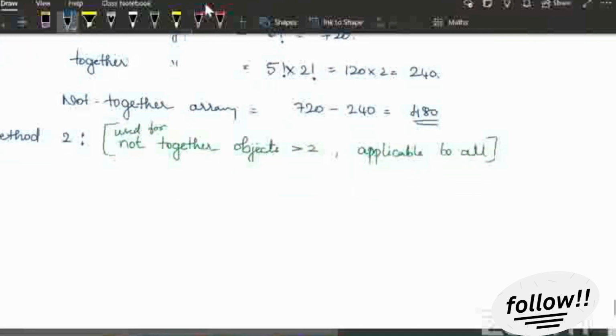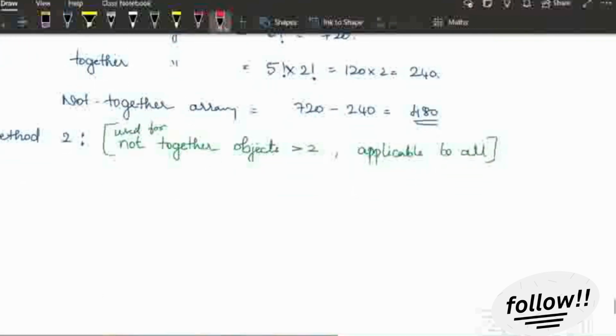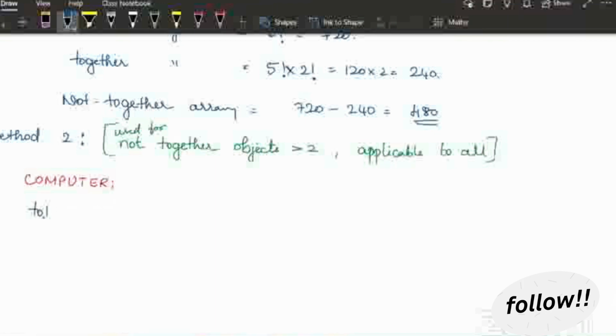Okay, now let's take an example. Example is computer. I'll take the word computer. Here, let us first find out total arrangements.